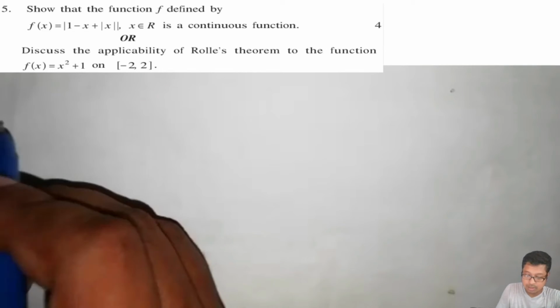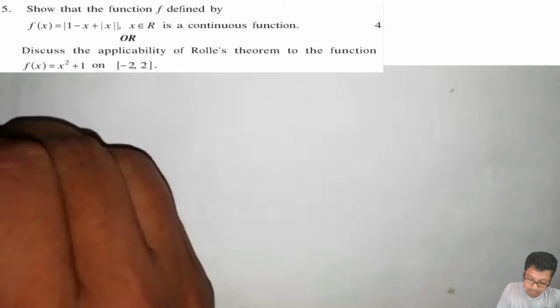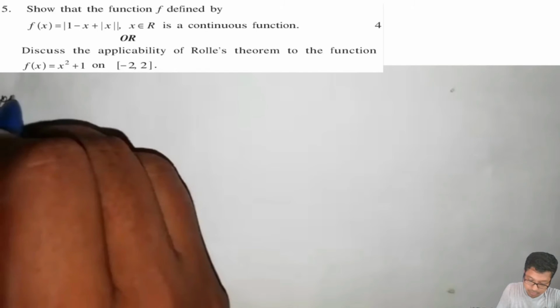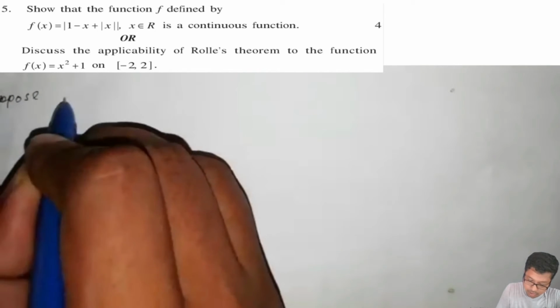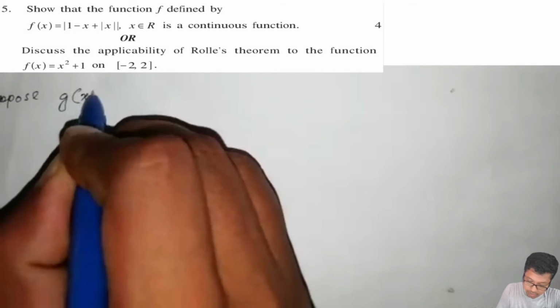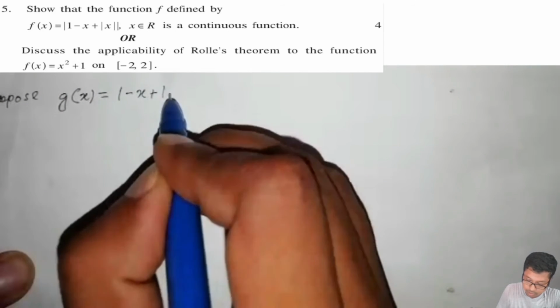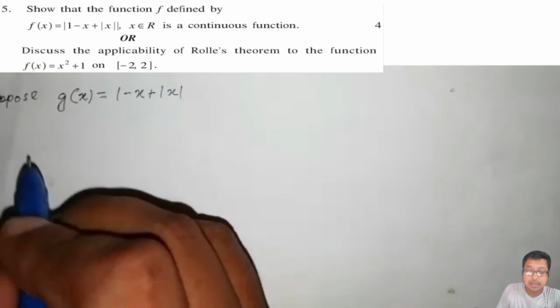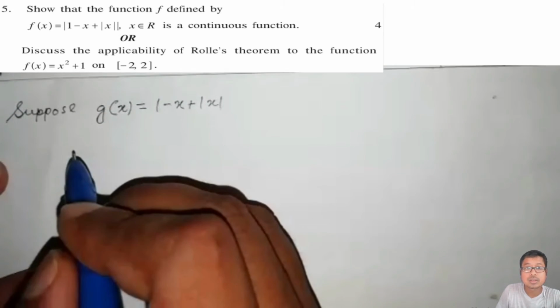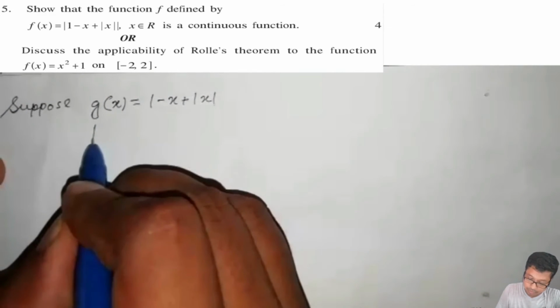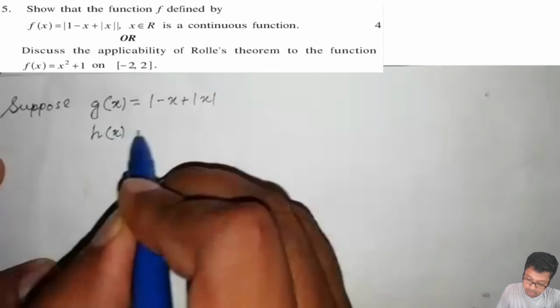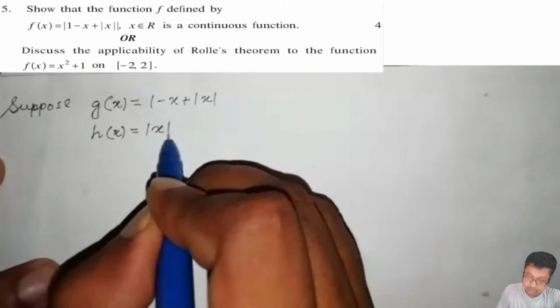You see, suppose g of x is equal to 1 minus x plus modulus of x, and h of x is equal to modulus of x.